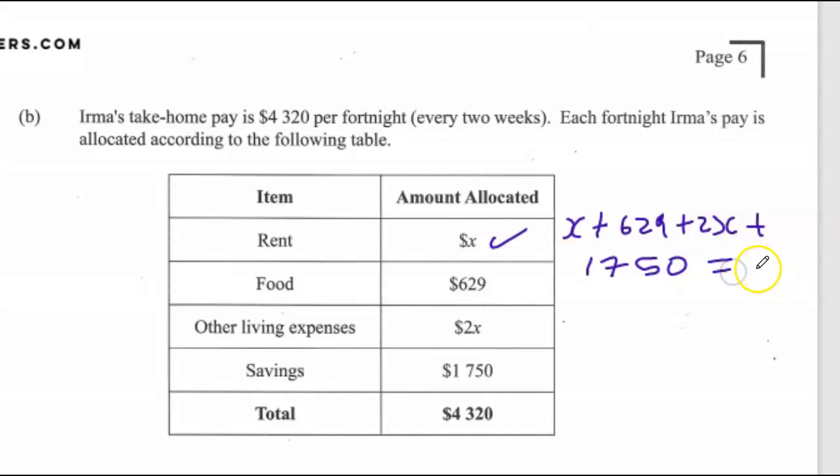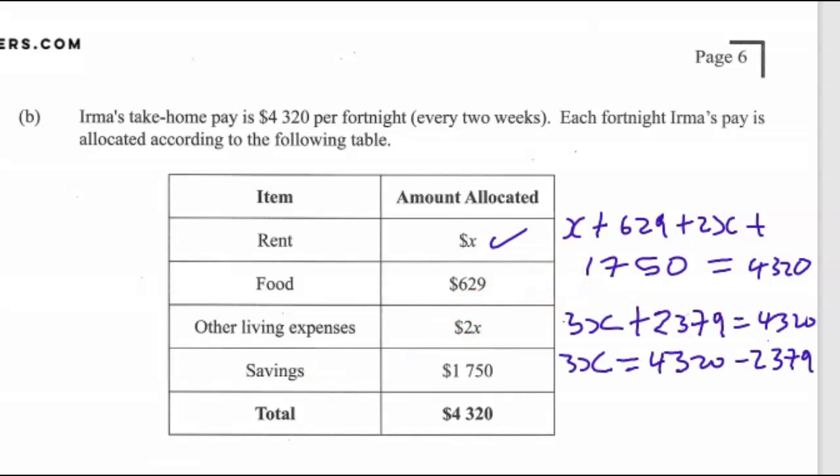All of this must be equal to 4,320. So we can group all the X terms. We have X and we have 2X, that's 3X. And if we group all the constants, we have 629 plus 1750. And then we can subtract 2379 from both sides, so we end up with 3X equal to 1,941.